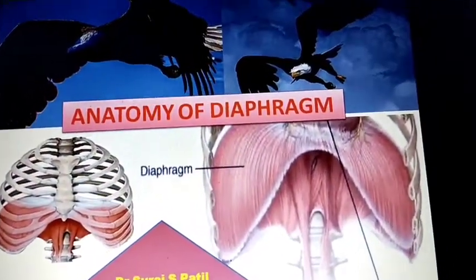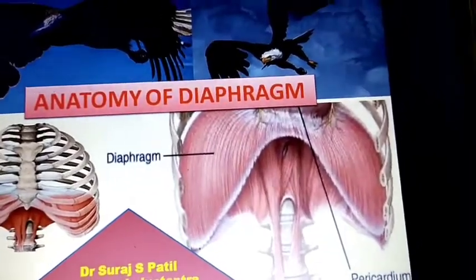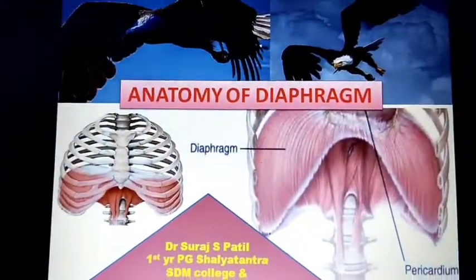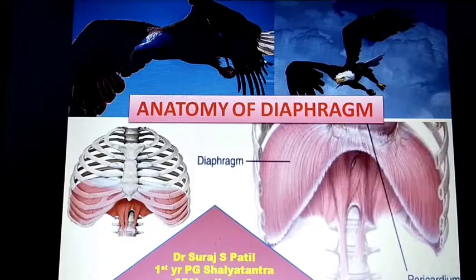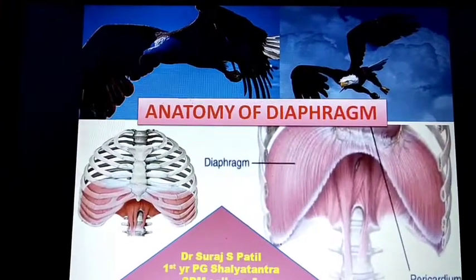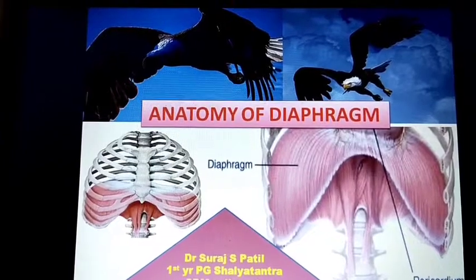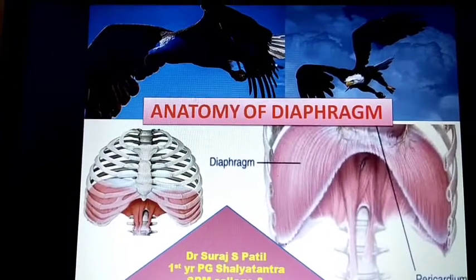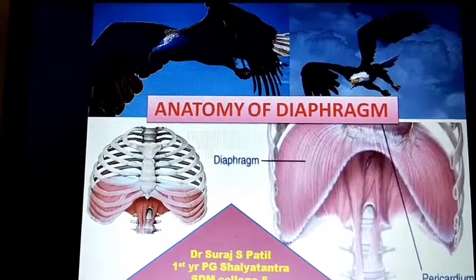The diaphragm is a dome-shaped muscular or fibromuscular and membranous structure that separates the thoracic, meaning chest, and abdominal cavity. In mammals it is the principal muscle of respiration.